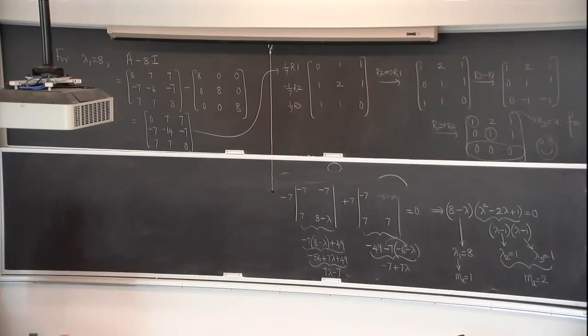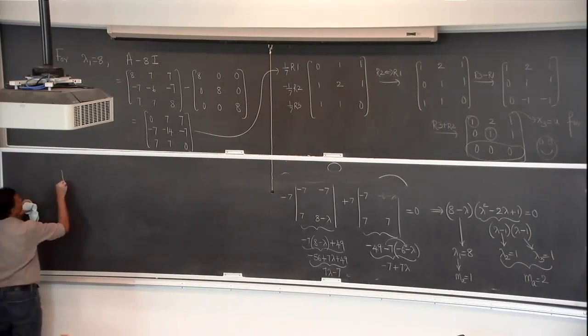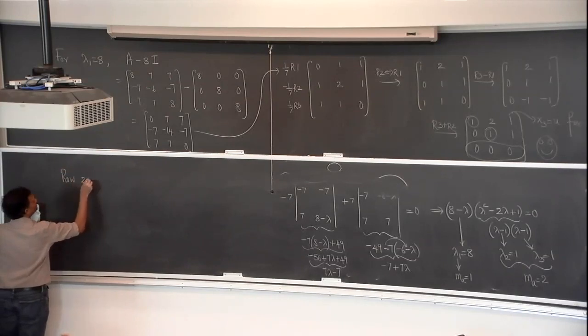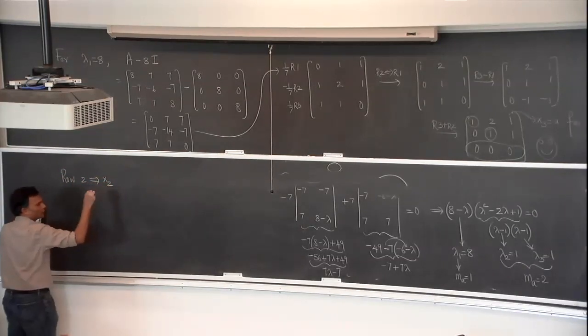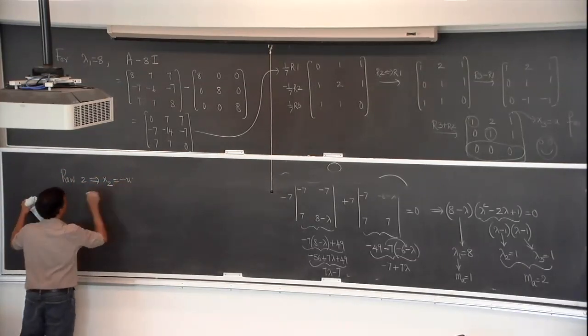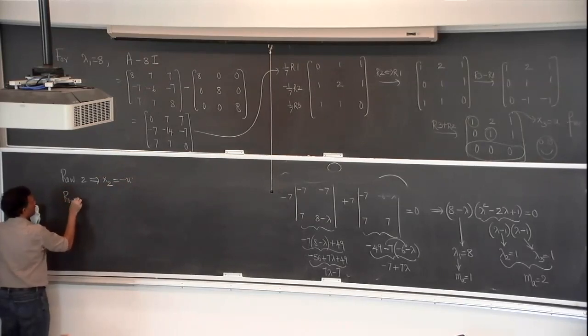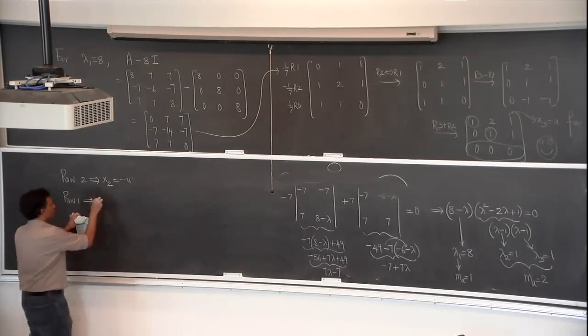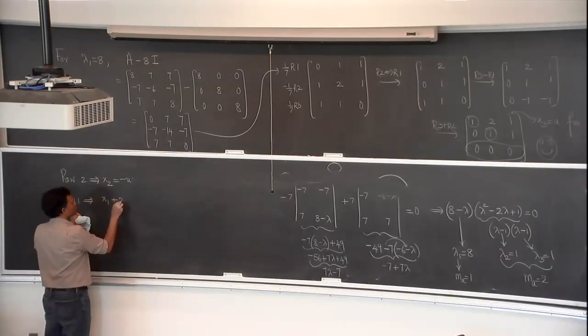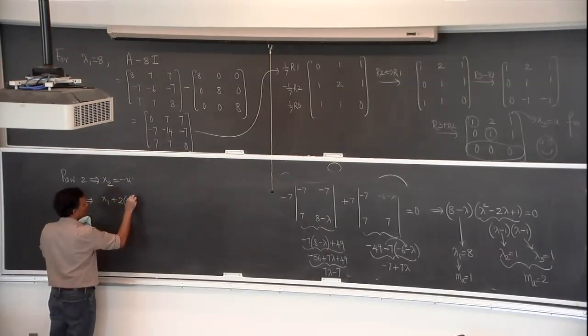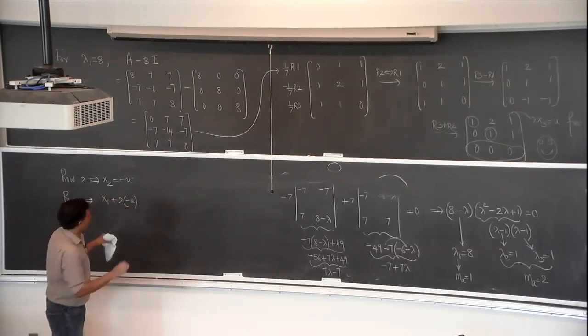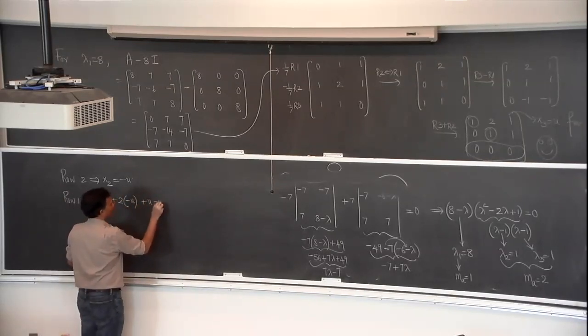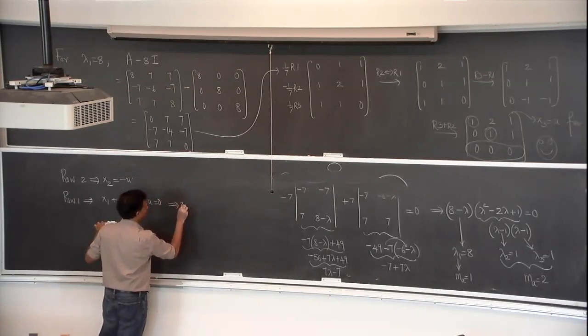So the second row gives you x2 plus u equal to 0. That's x2 equal to -u. And the first row gives you x1 plus 2x2, which is 2 times -u, plus x3 equal to 0. So x1 is u.